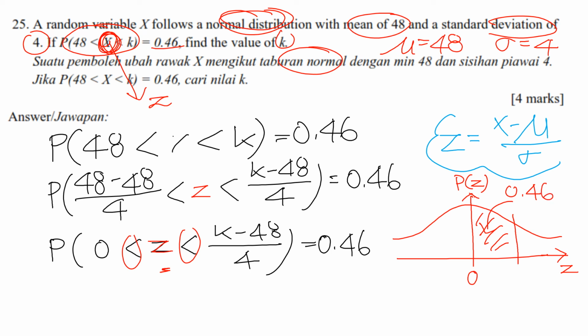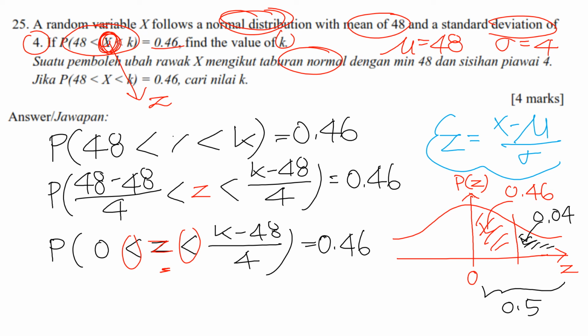If this is 0.46, what is this? Okay, good. This is 0.04. How do you know? Because symmetric, probability jumlahkan kedua-dua bahagian adalah 1. So di sebelah kanan dia adalah 0.5. So 0.5 tolak 0.46, you get 0.04.